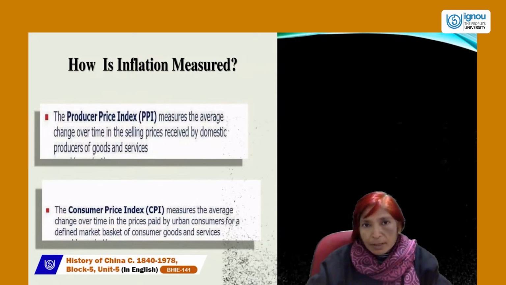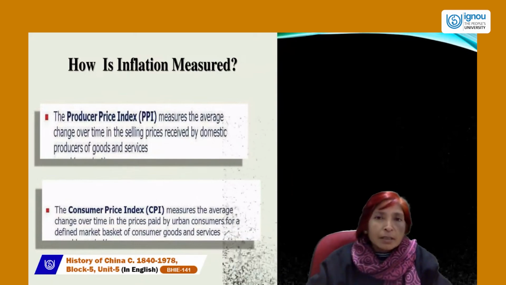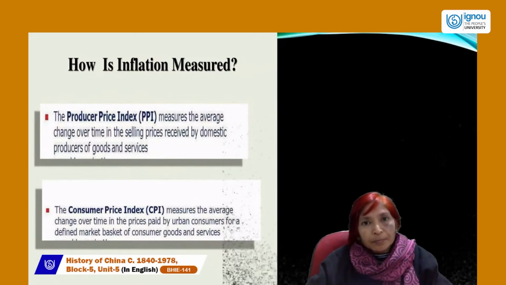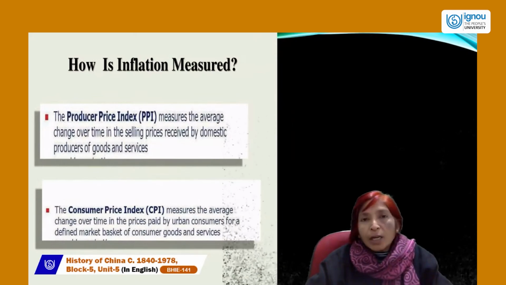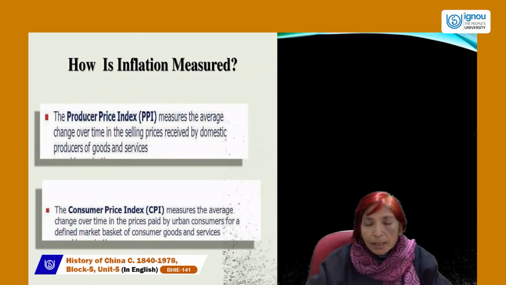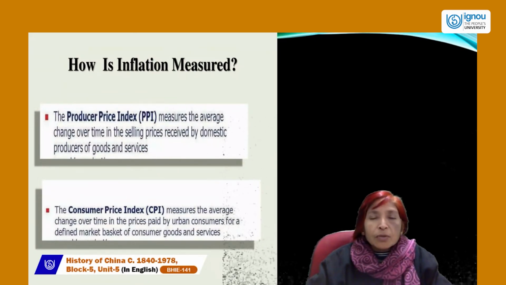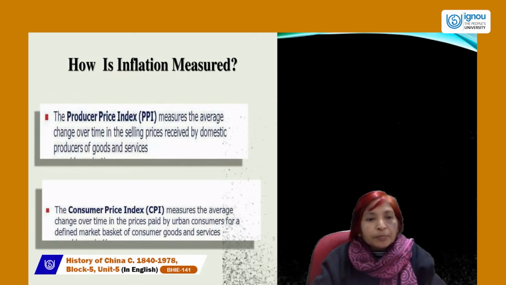And consumer price index measures the average change over time in the prices paid by the buyer, because it is related with the consumer. So the consumer always pays price for goods and services, and the seller receives price after selling their goods and services.